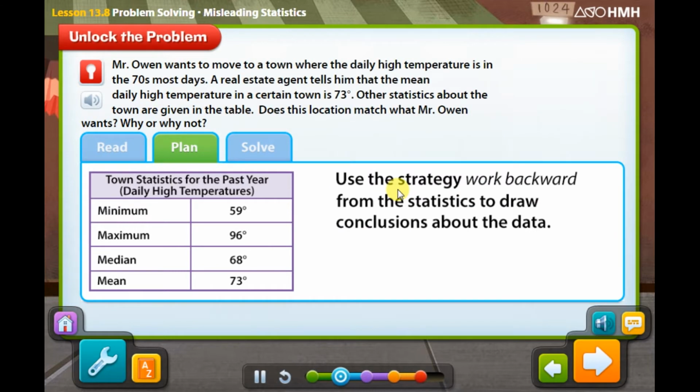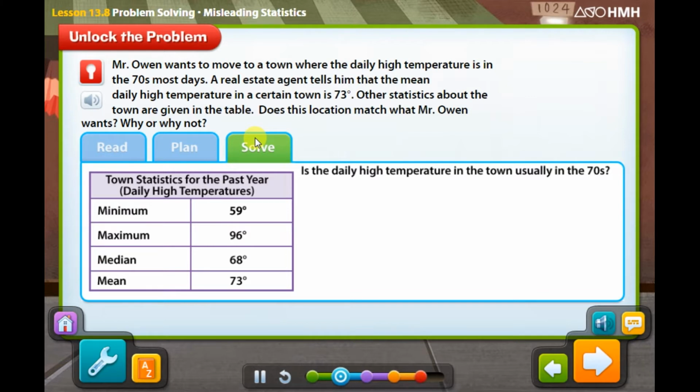You can use the strategy work backward from the statistics to draw conclusions about the distribution of data. Now let's solve the problem. Working backward means I compare every number with the number in the problem.